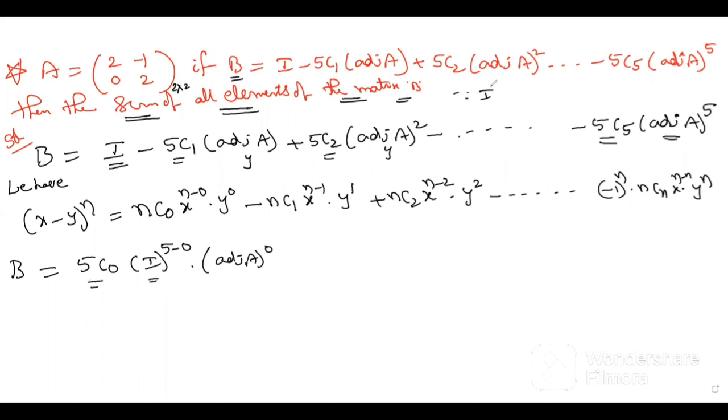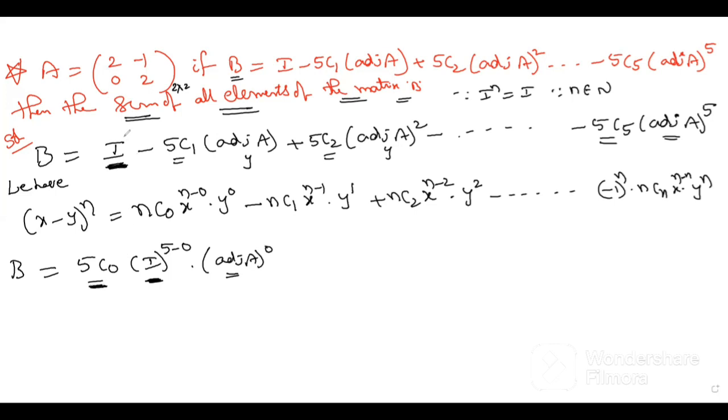I to the power n is equal to I, where n belongs to any natural number. So I to the power 5 is also I, into adjoint of A power 0, and anything power 0 is 1. So I to the power 5 is I. 5C0 is 1. What we get here?